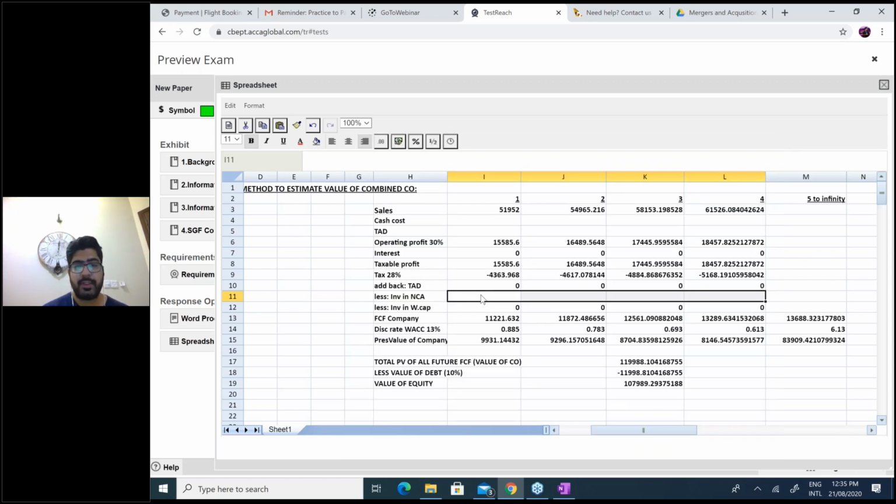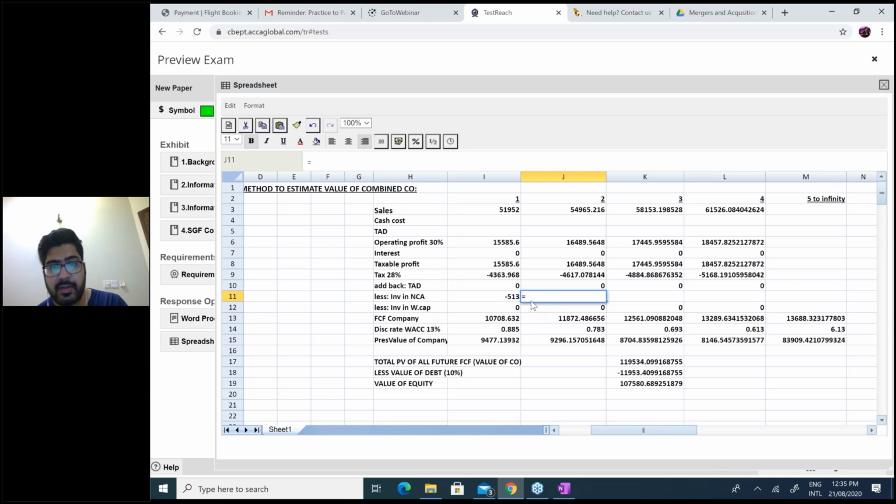So 513 for the first year, and then for every $1 increase in revenue, 18 cents. So how much has the revenue increased? It's J3 minus J2, right? This is the increase in revenue, the difference, and on that we apply 0.18.